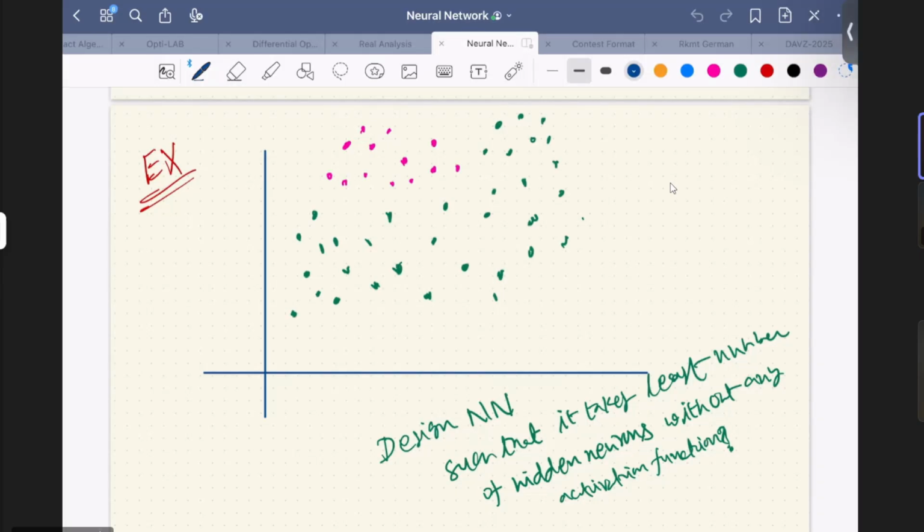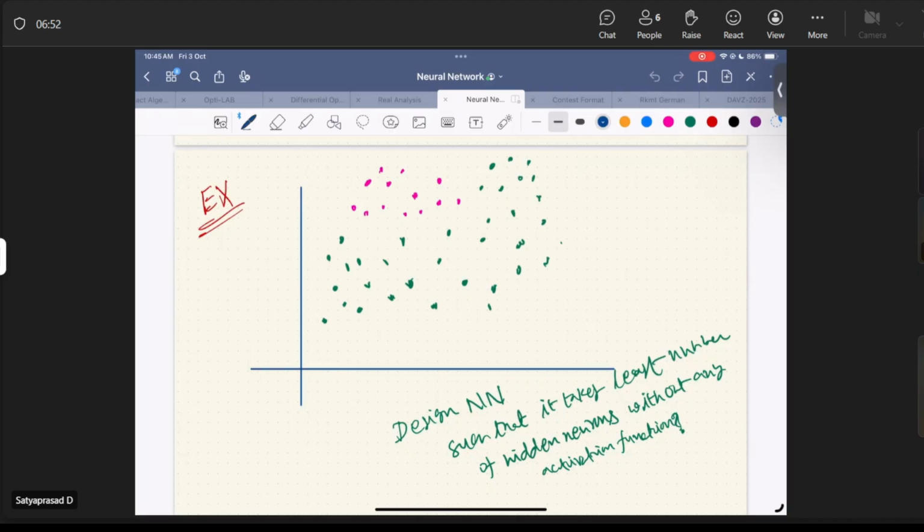What comes to your mind when you see this problem first? What are the thoughts? They need not be the correct ones at least.